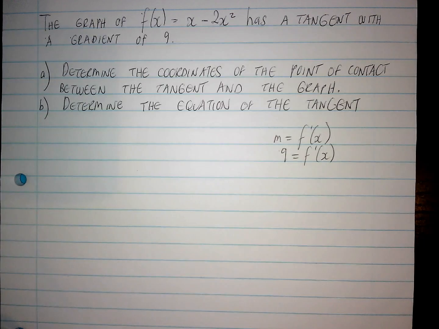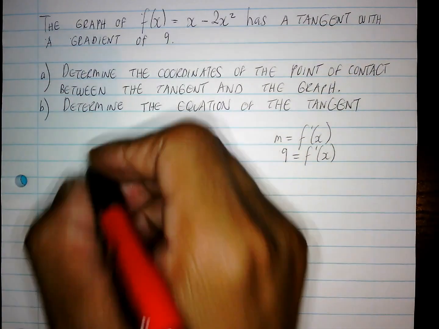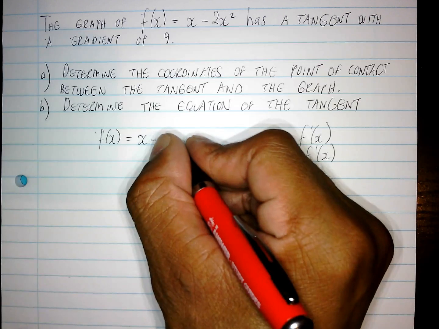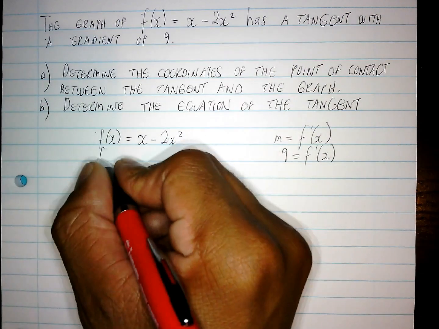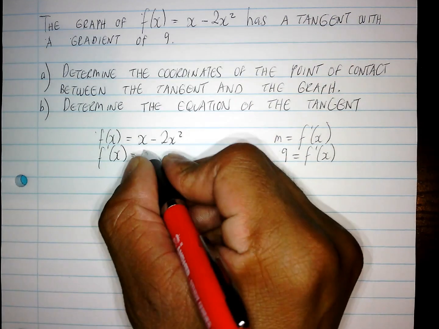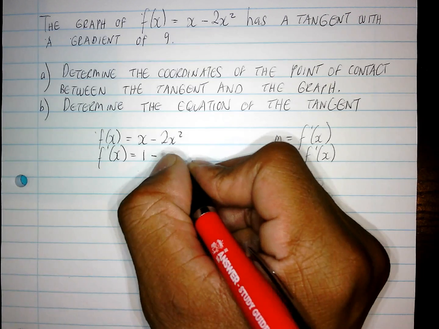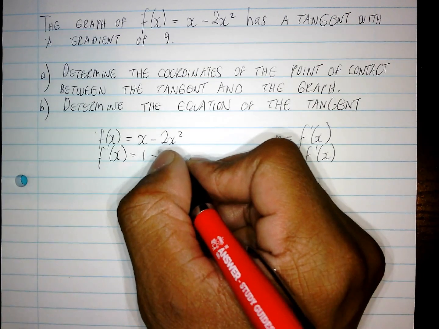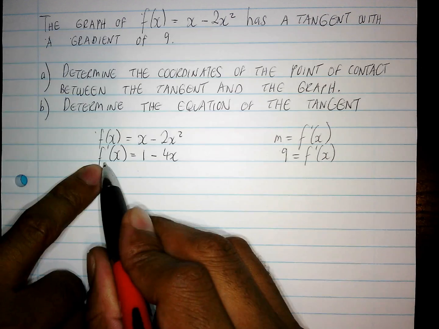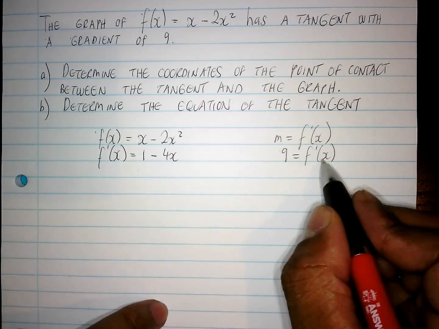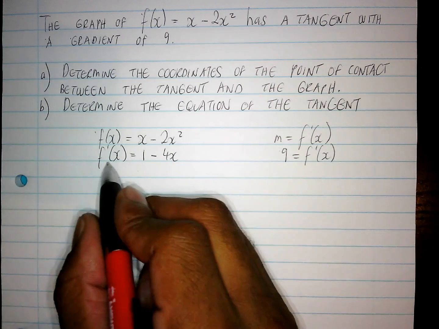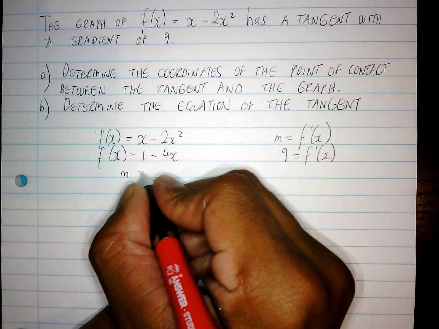So in order to find this, we're going to say f of x is equal to x minus 2x squared. To find the derivative, remember, the derivative of x is 1, minus the derivative of 2x squared. So the derivative of f is going to be 1 minus 4x, and we know that the derivative of f is equal to the gradient.